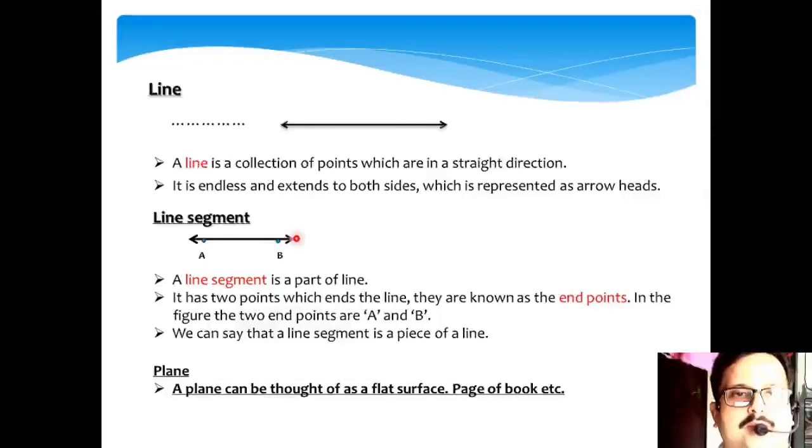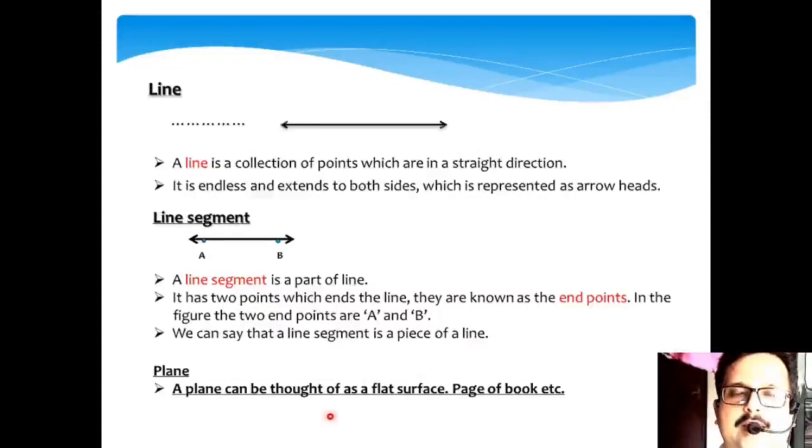Now another term that always comes in between the definitions is a plane. What is a plane? A plane is a sheet of paper or a page in your notebook where you are just writing from left to right, top to bottom. That is, it is a two-dimensional space where nothing comes out of the page, but you write it horizontally or vertically.